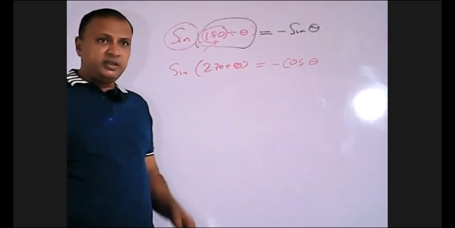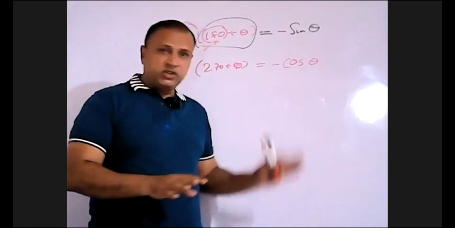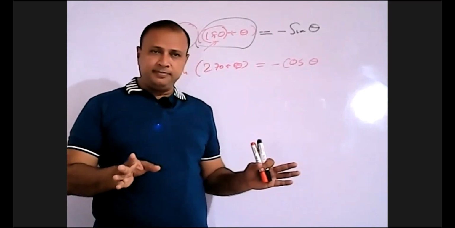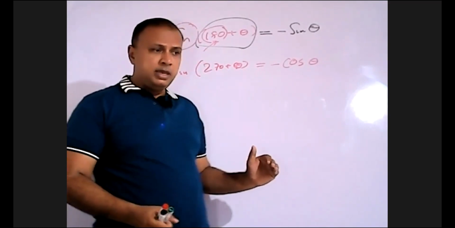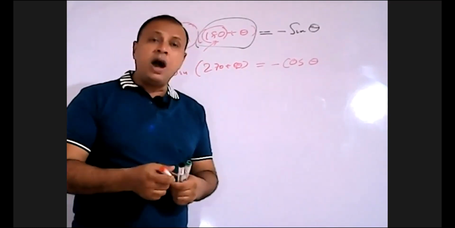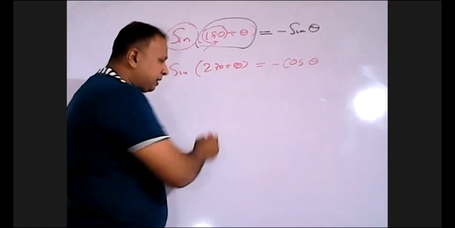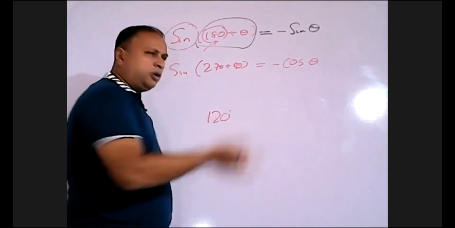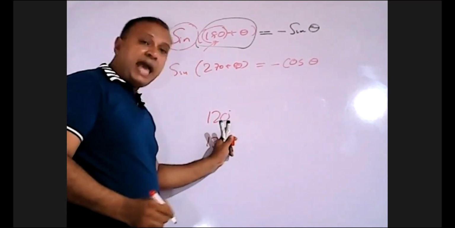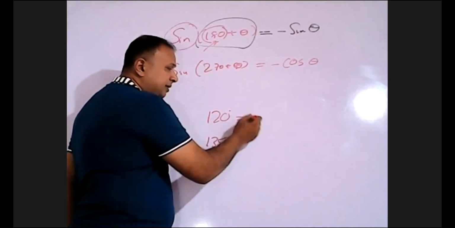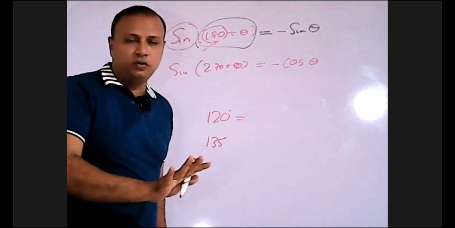Okay. Listen to me very carefully. In this question, there is no limitation. So if there is no limitation, and you are asked to find the trigonometric values of something like 120 or 135, then write this angle using an even multiplication of 90 and an acute angle.